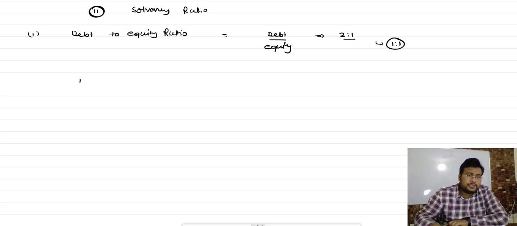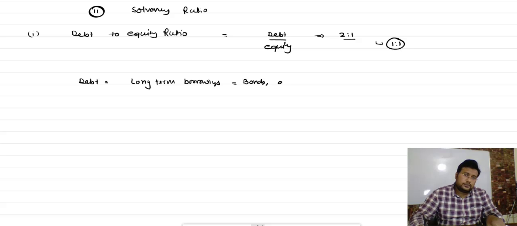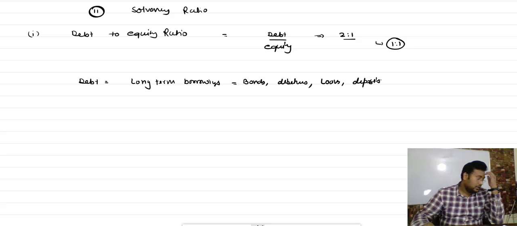Generally in the debt, the long-term borrowings come. Long-term borrowings means bacha, bonds, debentures, long-term loans, and public deposits also come under the debt.